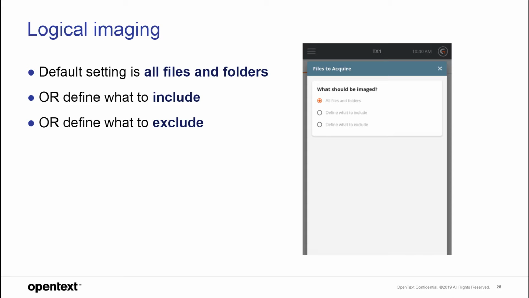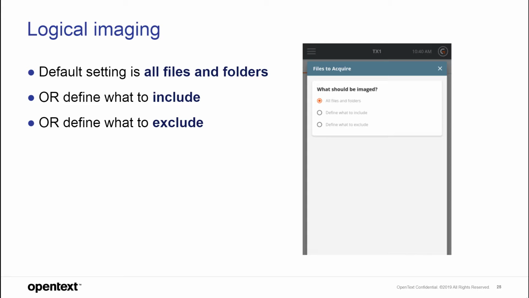Each file type has a predefined list of file extensions known to be associated with that type of file. In the case of documents, TX1 searches through well over 100 different file types to ensure you find the documents you're looking for. And don't forget about direct selection for files of interest.